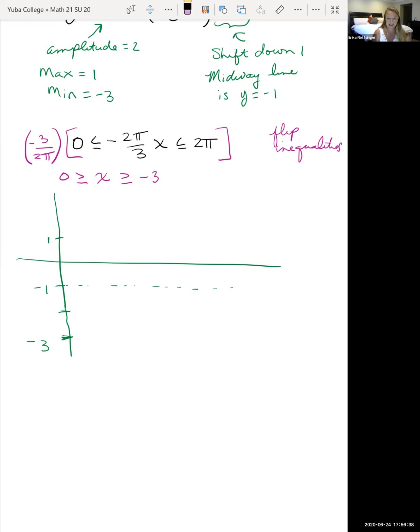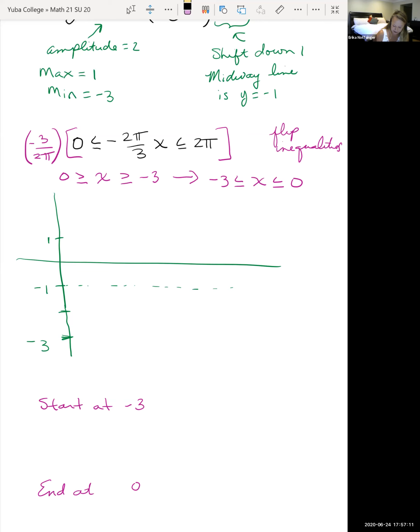Usually I like to see things smallest to largest, so let's just rewrite this. It's the same thing, we just need to be careful to make sure our inequalities are facing the correct way. -3 is less than or equal to x, which is less than or equal to 0. So we actually have a start at -3, and our end value of a period is at 0.